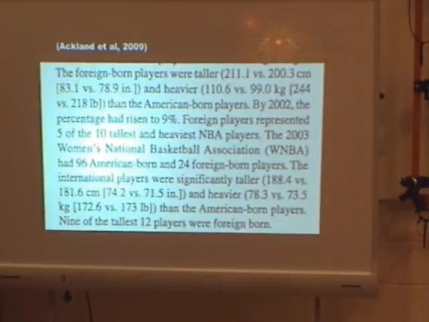There was a huge increase in foreign talent in the NBA very quickly, and this was primarily due to getting body drain from other countries. They were going to a lot of European countries and getting tall and heavy players that they couldn't source from their own population. And so they were causing body drain from European, Australian countries.